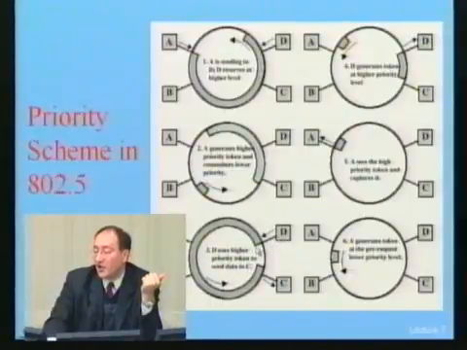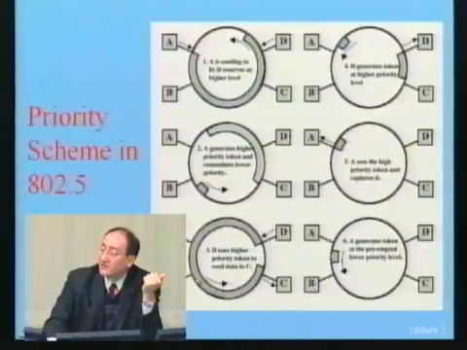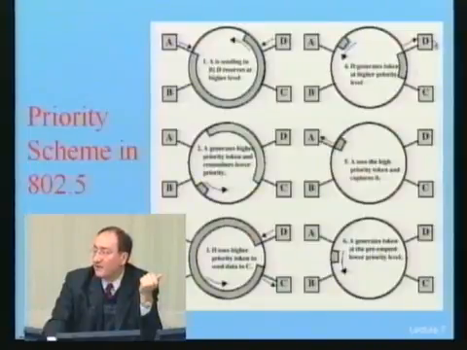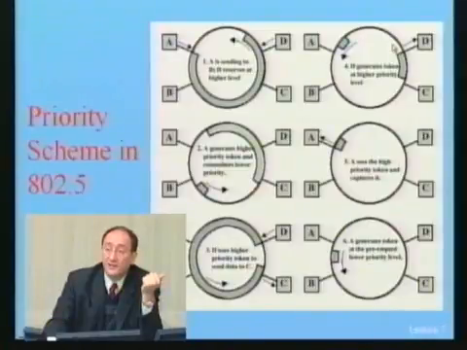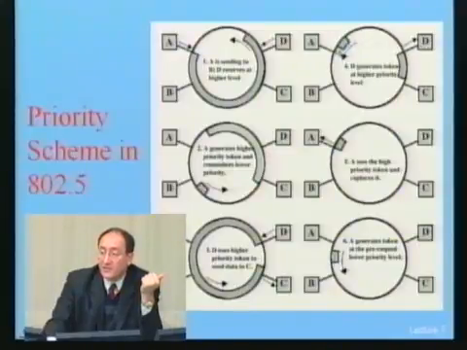Token goes, and then D picks up that token. When it picks it up, it sends its own packet. The packet goes through, comes back, and D collects that packet. When it has collected that, it has to release the token. When it releases the token, it still releases it with the new priority. That one comes in here.